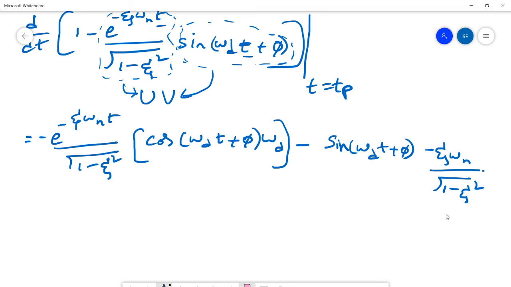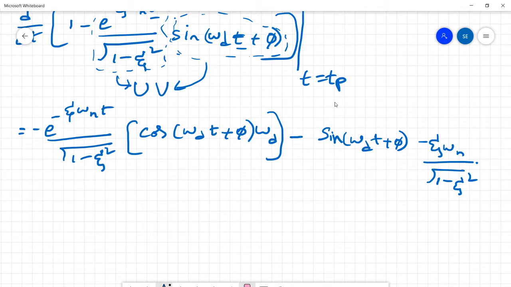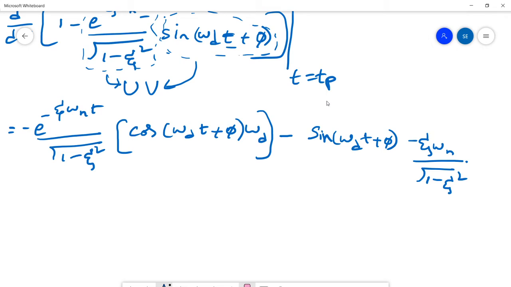Everywhere I'll substitute Tp, because we are going with t equal to Tp.